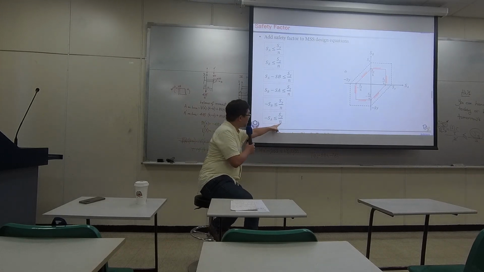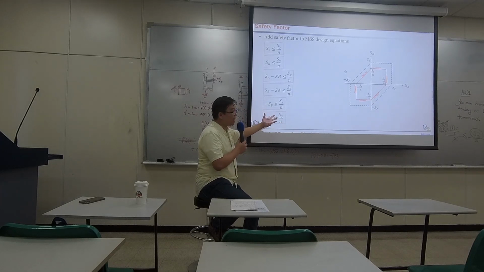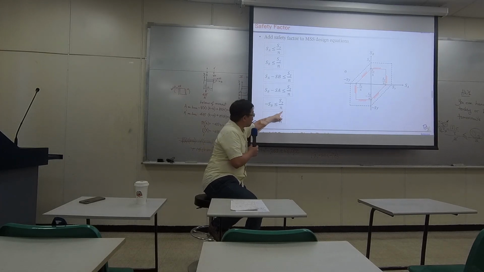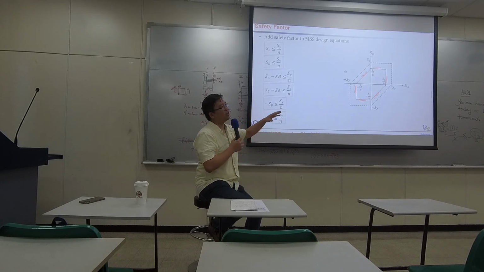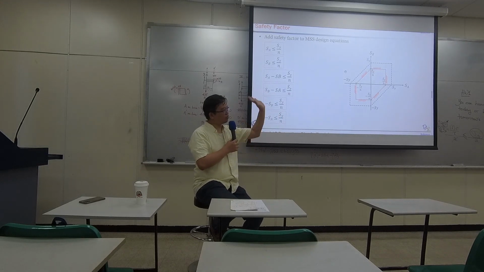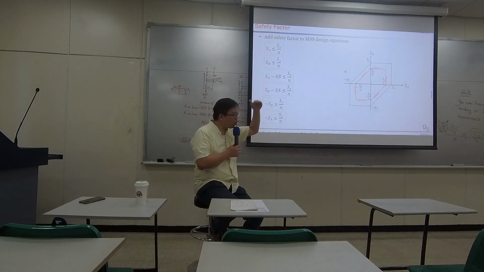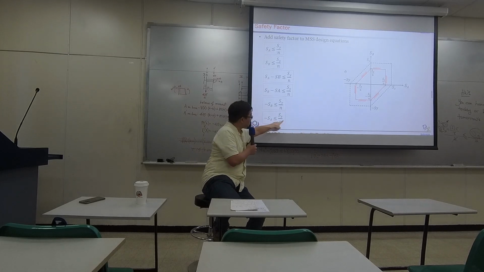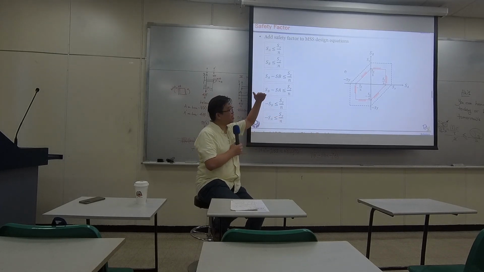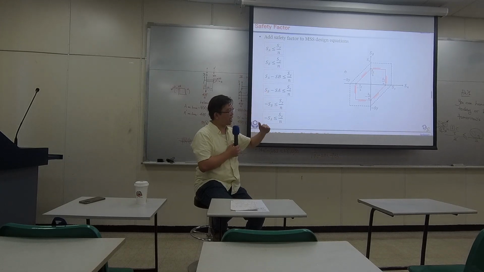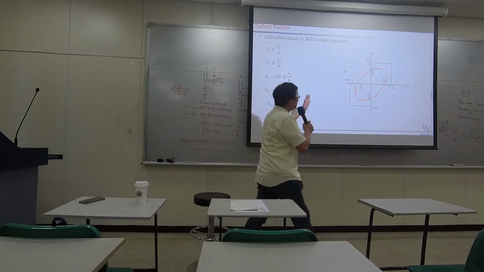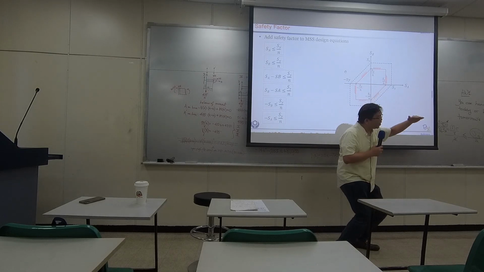When you have a value that is larger than 1 on the right hand side at the bottom, that means you are pushing your design equation to a higher level. The value on the right hand side is becoming lower because this is a positive value. So you are actually shrinking your design space. You are pulling your ceiling downward.